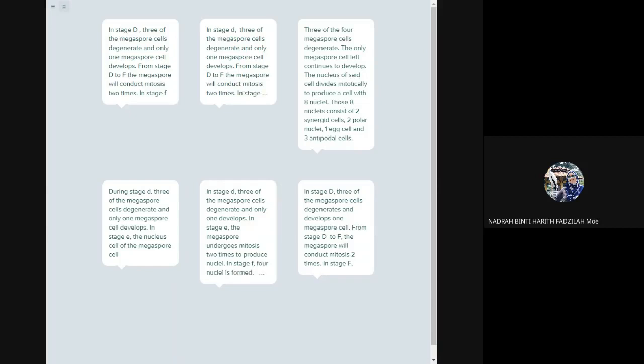So, Alia boleh tutup dengan in stage F atau at the end of stage F, the cell will have how many nuclei? Tengok saja ada berapa dot dekat situ kan. Atau the embryocyte will have 4 nuclei. Very good. Okay, dekat situ kena hati-hati ya.